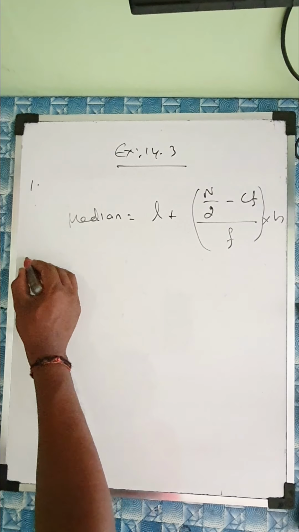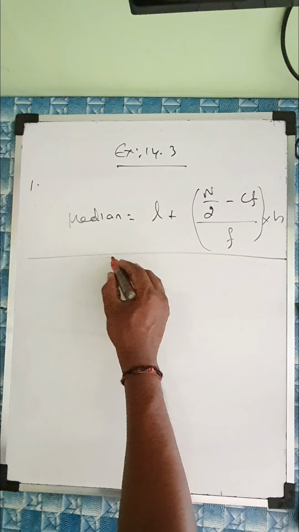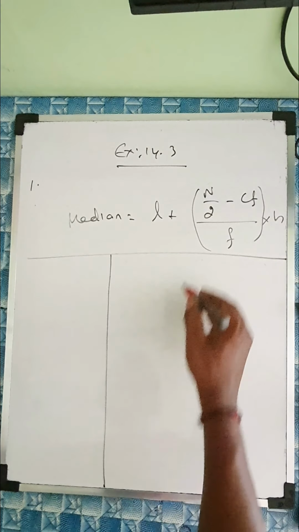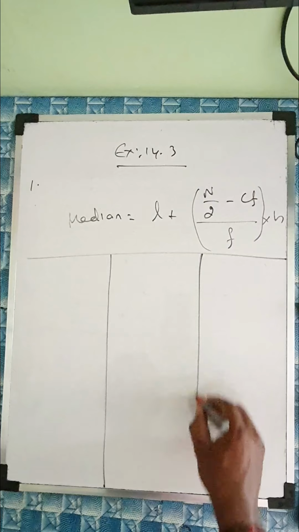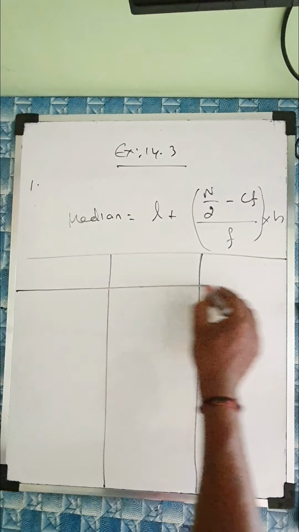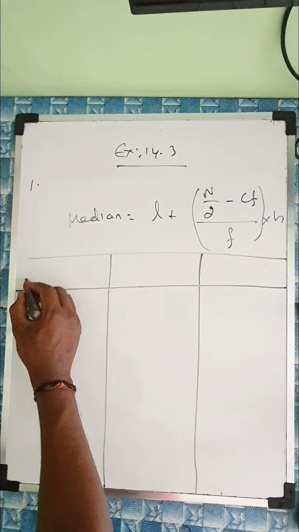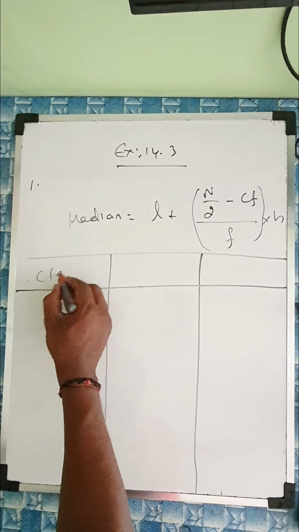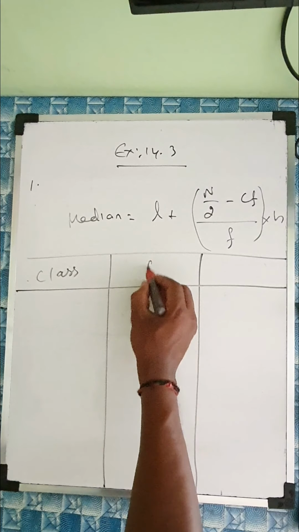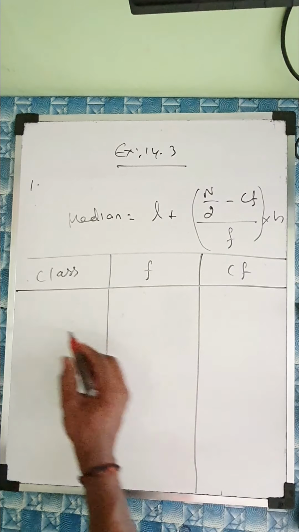So we make it 3 boxes. Monthly consumption is given, so you can just write it as class here, and frequency, and this is cumulative frequency.